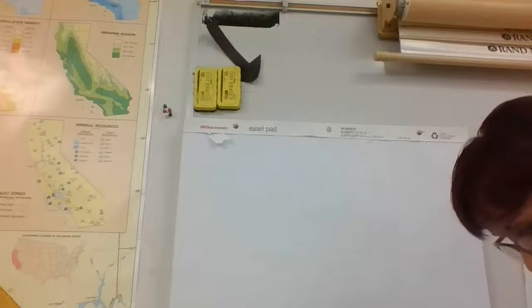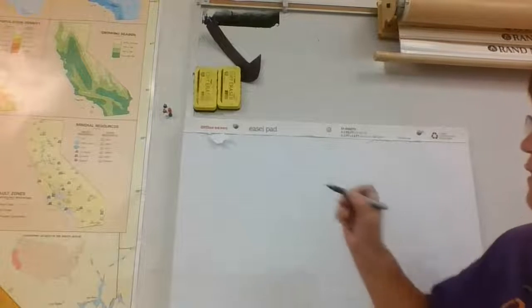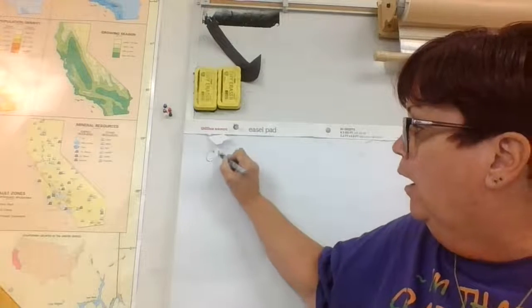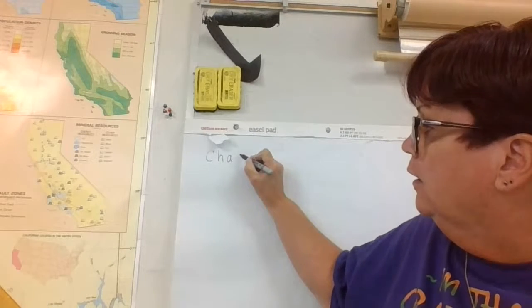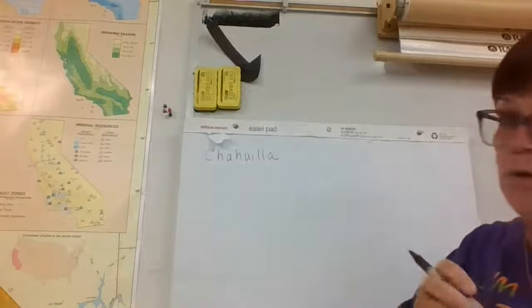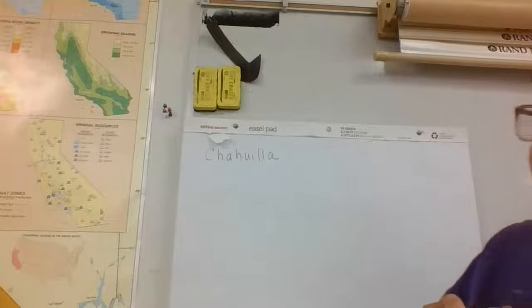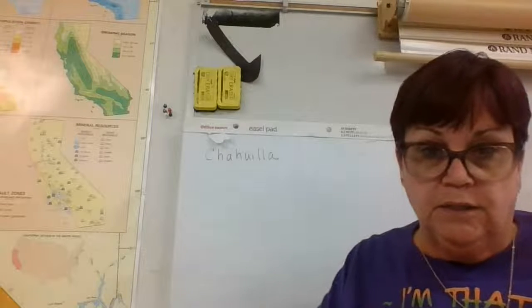Okay, on our big piece of paper, today we're going to take some notes on the Cahuilla tribe. It doesn't look like it sounds, okay, but that's the way that it is spelled.